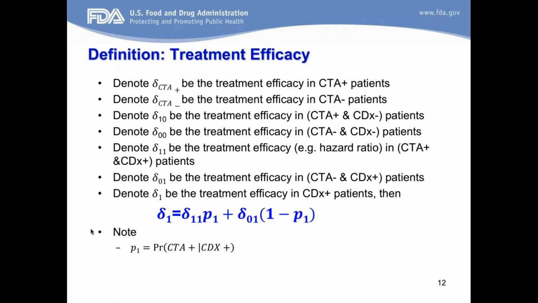Delta 01 is the drug efficacy in the CTA negative but CDX positive patients. Now P1, I already mentioned in previous slides. P1 is PPV. So you could use a linear combination of delta 11 and delta 01 to estimate delta 1.